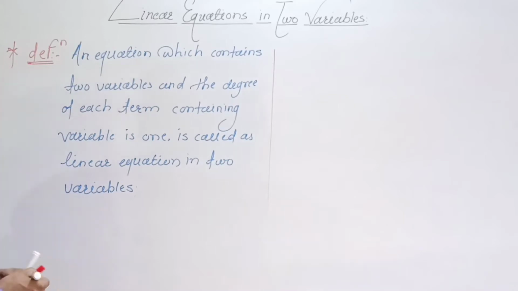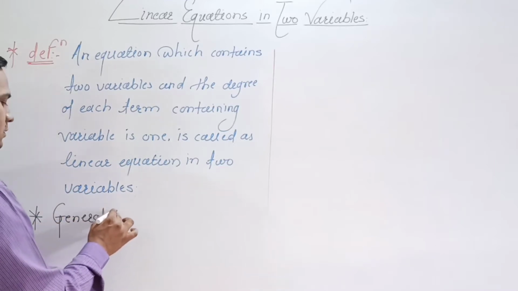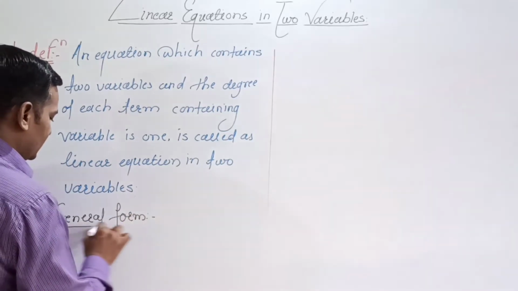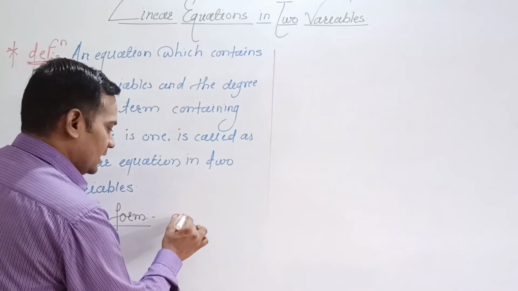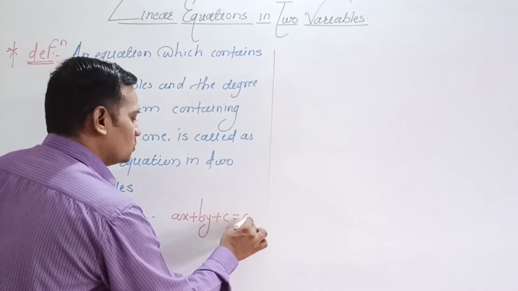Now, the general form of the linear equation. In that general form, that is ax plus by plus c is equal to 0.